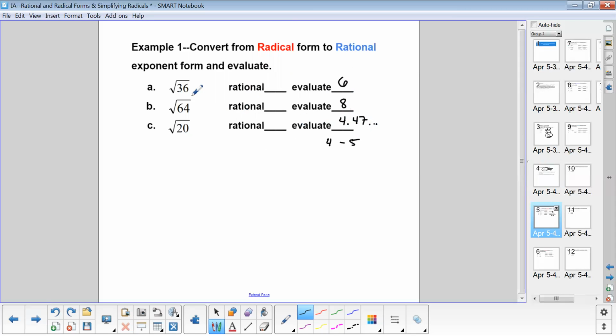So if I want the rational form, this would be 36 to the 1/2 power, because the understood index or the root is 2. So that's part A. Part B would be 64 to the 1/2 power, and part C would be 20 to the 1/2 power.